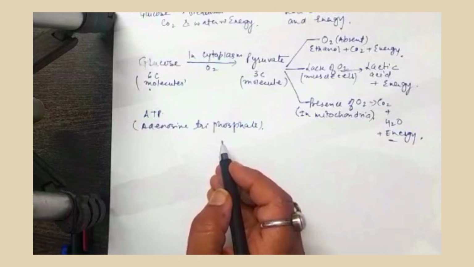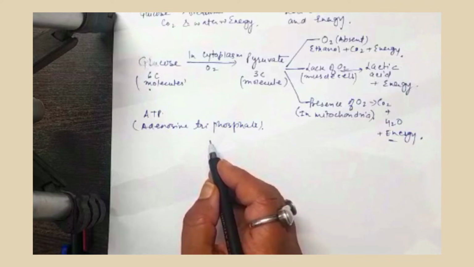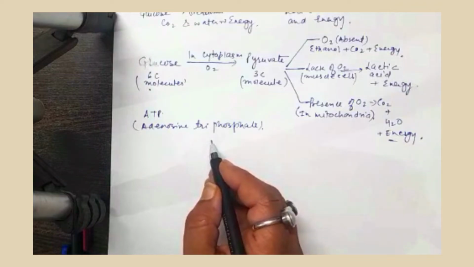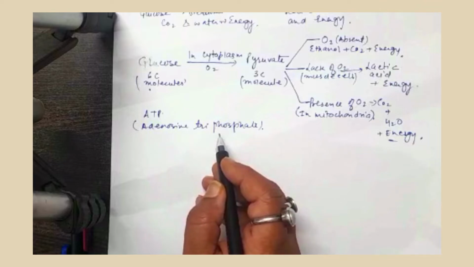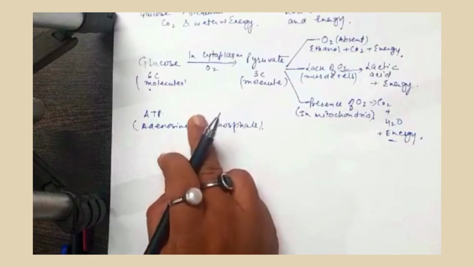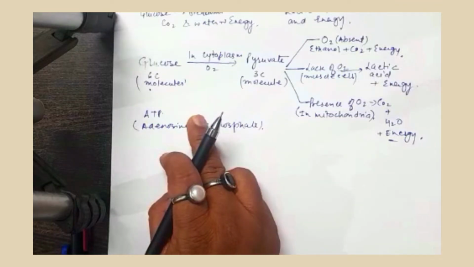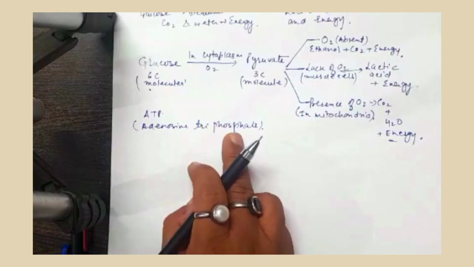So, the ATP molecule is the energy currency of most cellular processes, and the energy is released by breaking down of these ATP molecules to drive reactions which are generally endothermic and which are taking place in the cell.